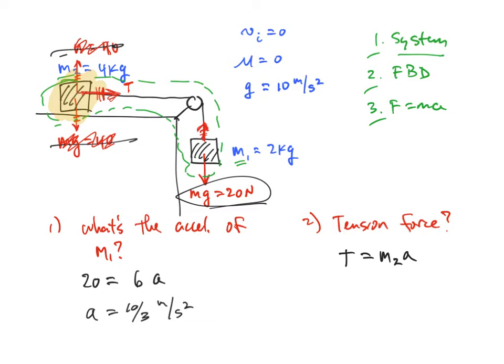It's not both masses. Since I changed my system to M2, it's just the mass of M2 that I'm considering here. So that means that the tension force is going to be equal to 40 over 3, or whatever, 13 and a third newtons.